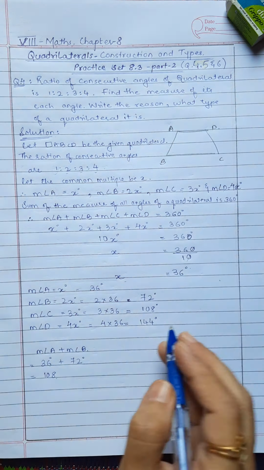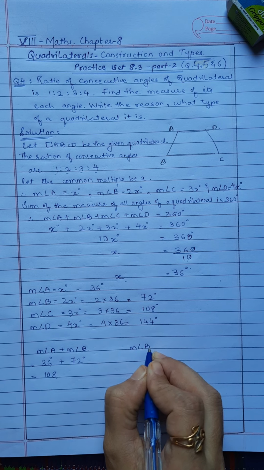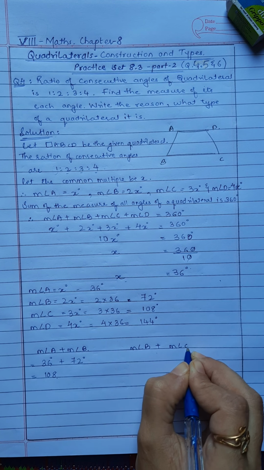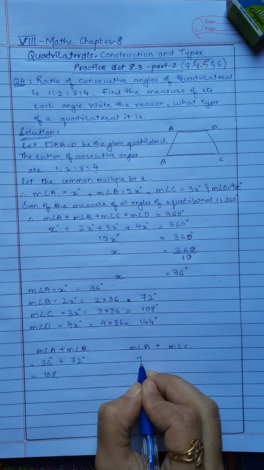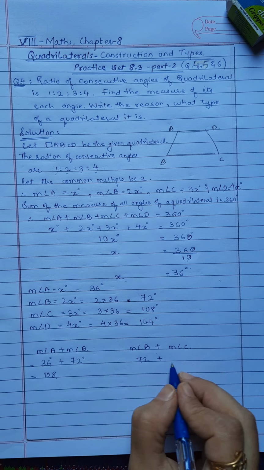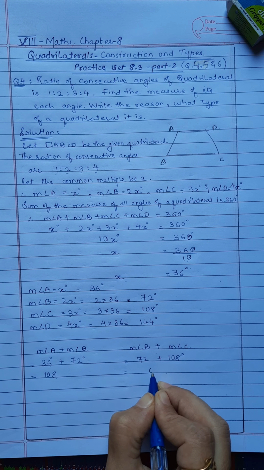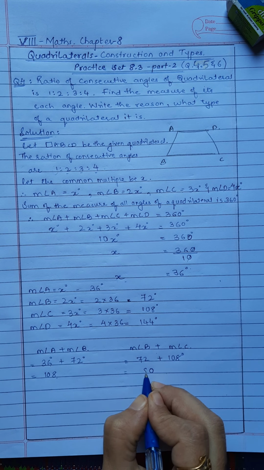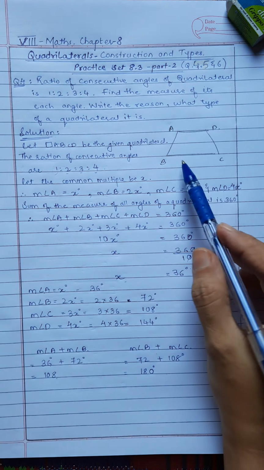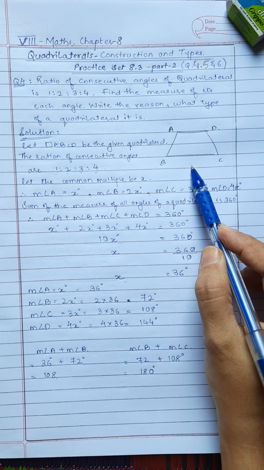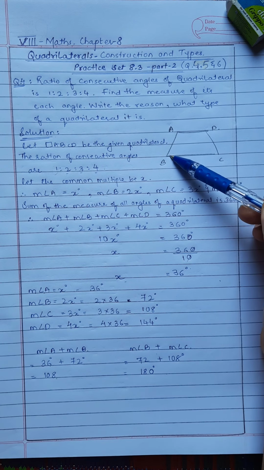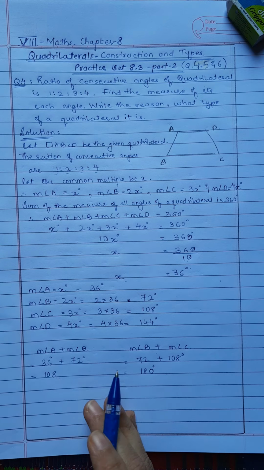We'll check for B and C. Measure of angle B plus measure of angle C. How much is B? 72. C is 108. Take the sum of it. It will be 180. So the measure of these two angles is 180, but the measure of these two interior angles is 108.